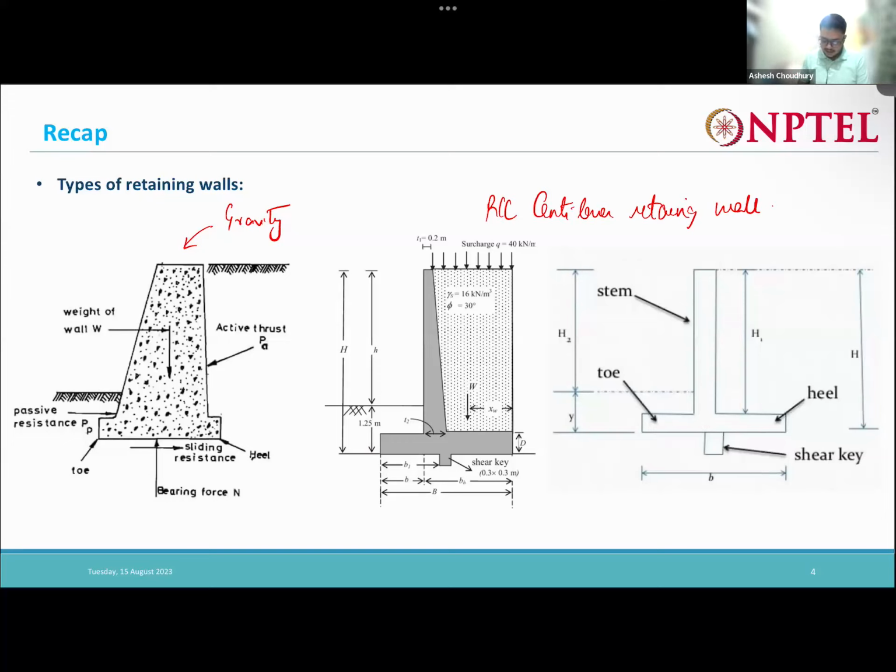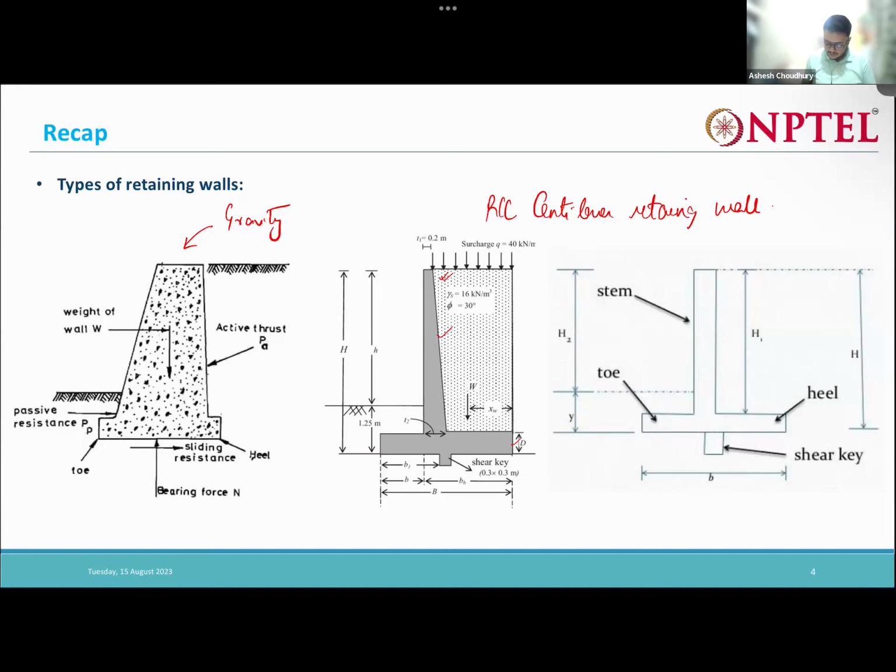In a cantilever, at the top, at the free end, the moment demand is lesser. So the cross section is thinner at the top, and as we go down the stem becomes thicker. This is known as the stem, and this is the base of the retaining wall, the foundation of the retaining wall.